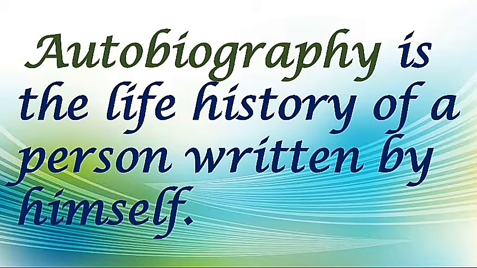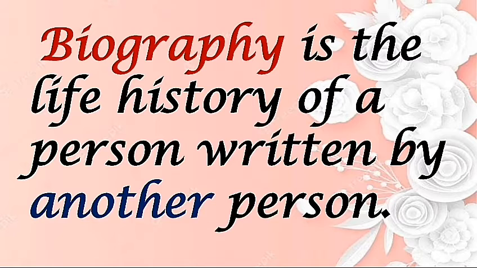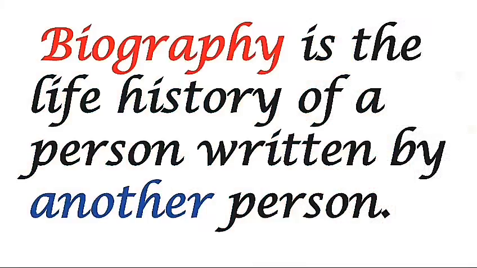Autobiography is another form of non-fiction, and it means the life history of a person written by that same person. Biography is the life history of a person written by another person. It is the opposite of autobiography.